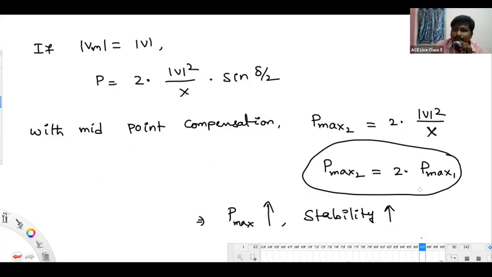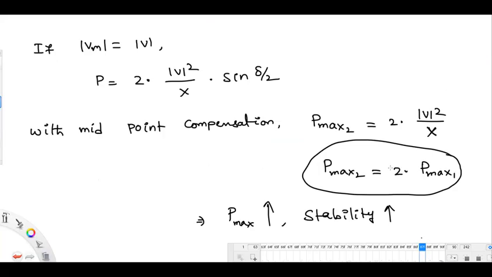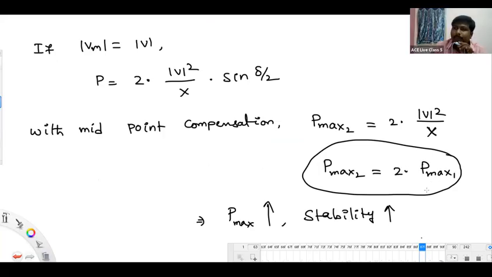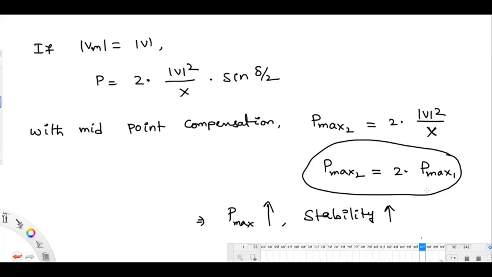You don't get 2 times P maximum. You may get 1.8 times, 1.6 times like that. As it's a theoretical study, I am saying it's double. Practically speaking, you don't get double.